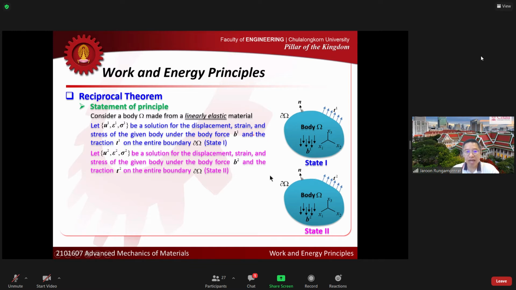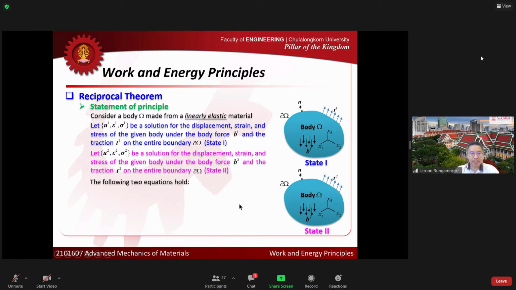We have two states associated with different sets of applied forces. The first state is associated with B1 and T1, the second with B2 and T2, and the solutions are denoted by the quantities with superscripts 1 and 2, respectively.